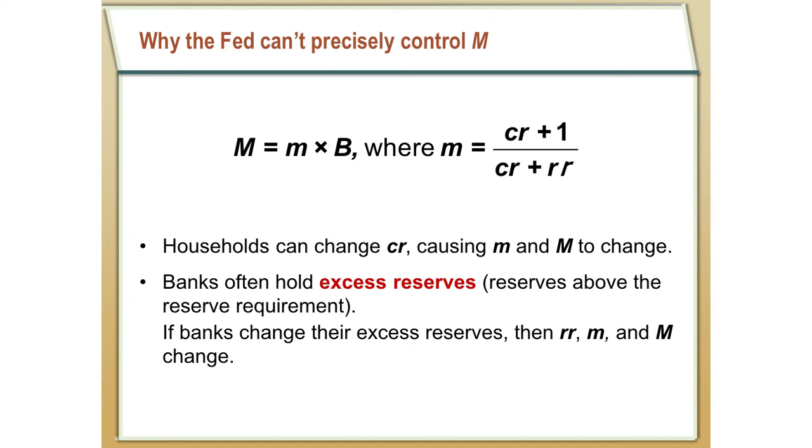But they're doing this in an environment where households have an impact through CR, where banks have an impact through RR, and so they're trying to manage all of these different things to achieve the final goal of keeping the money supply where they need to maintain full employment and low and stable inflation.